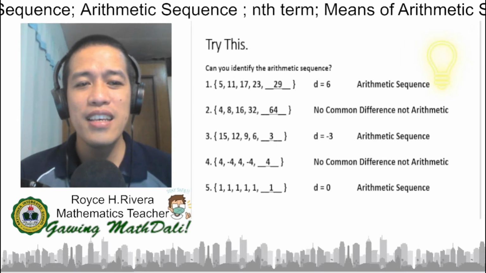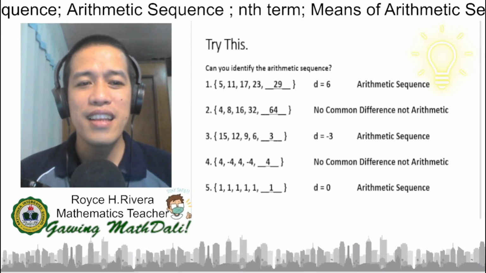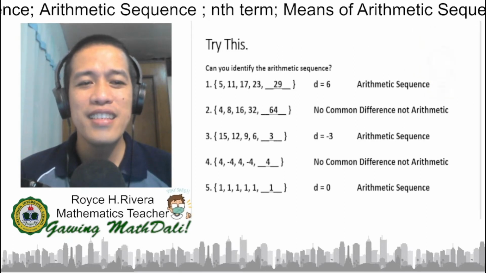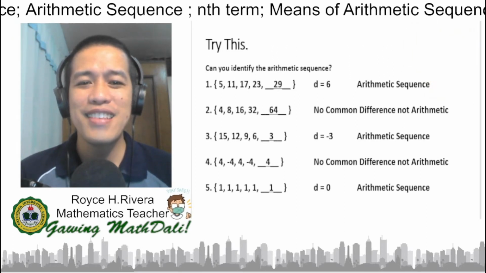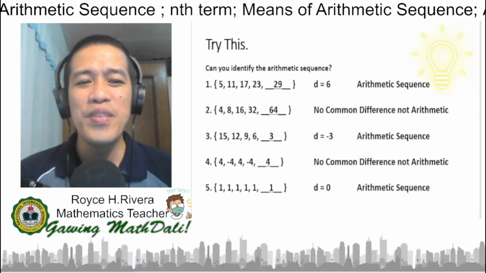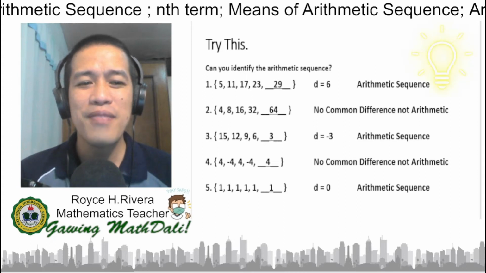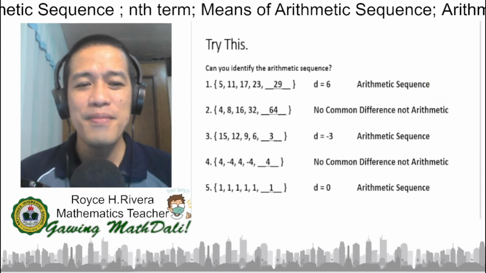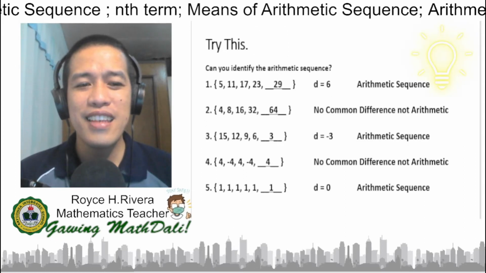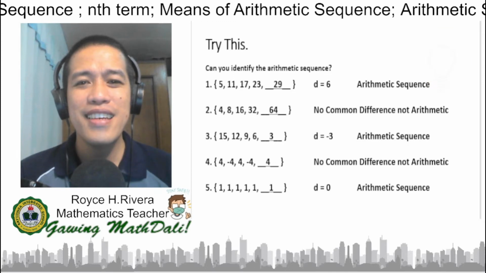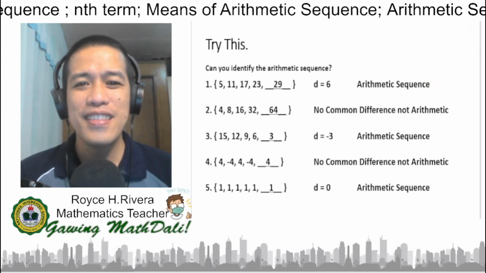Number 3, the common difference is negative 3. Thus, the sequence is an arithmetic sequence. Number 4, there is no common difference. Therefore, not arithmetic sequence. Number 5, it is an arithmetic sequence with common difference 0.